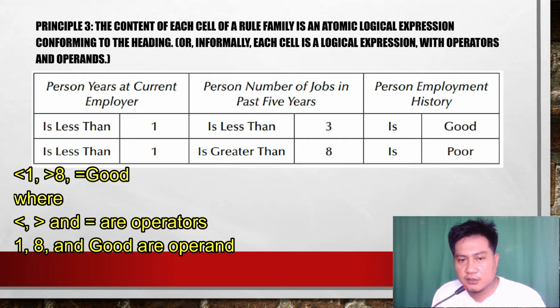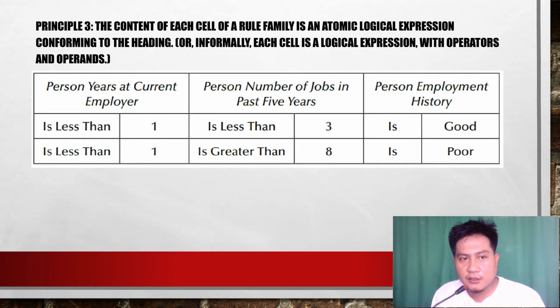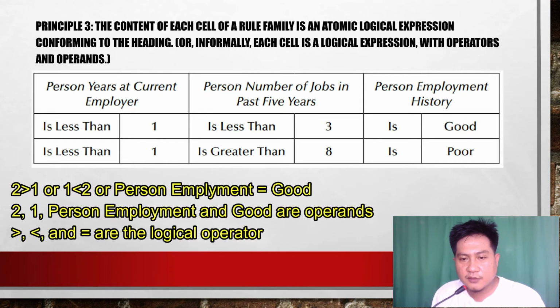The operators are the symbols less than, greater than, or equal, and then the operands are, for example, the right and left operand. So 2 is greater than 1, so this 2 and this 1 are the left and right operands. 1 is less than 2, so again left and right operand. Or is good, so person employment is equal to good. So that is the principle number 3.